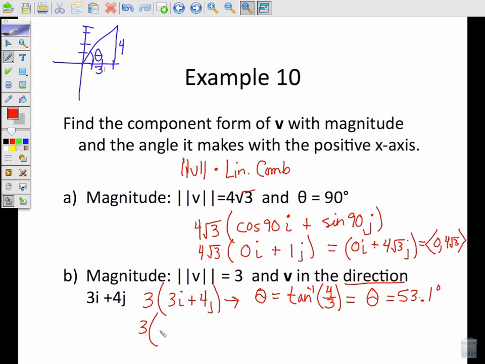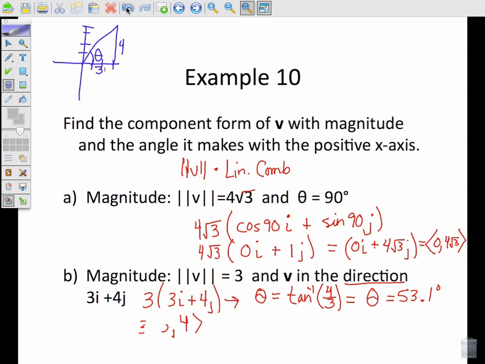degrees. So I've got 3 times, and this is where we can go ahead and use our 3 and 4, okay? So we got 3 times 3, 4 over the magnitude.